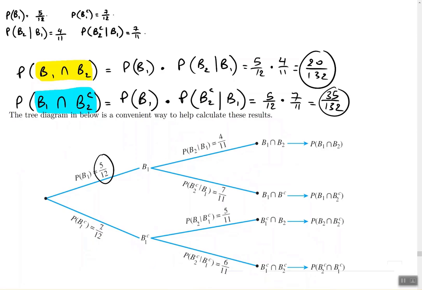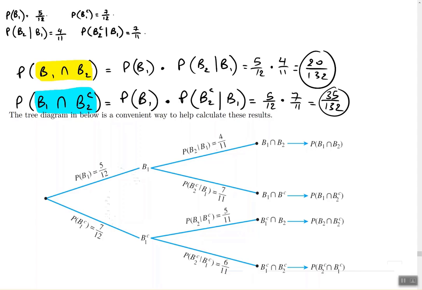The probability of picking the gray ball is 7 out of 12 on the first try. Now, if you already chose a red ball, then the second time you do the experiment, you have 11 balls left. That's why you're seeing the denominators of 11. And if you choose the red ball, that could happen in 4 out of 11 possible ways, whereas to choose the gray ball, that's going to be 7 out of 11 possible ways.